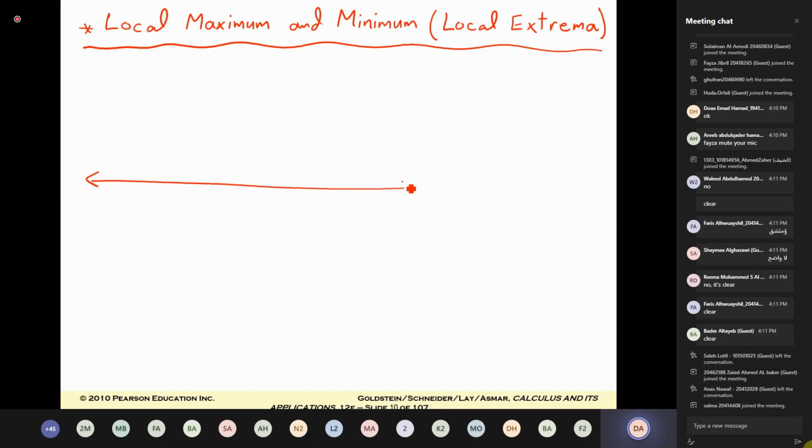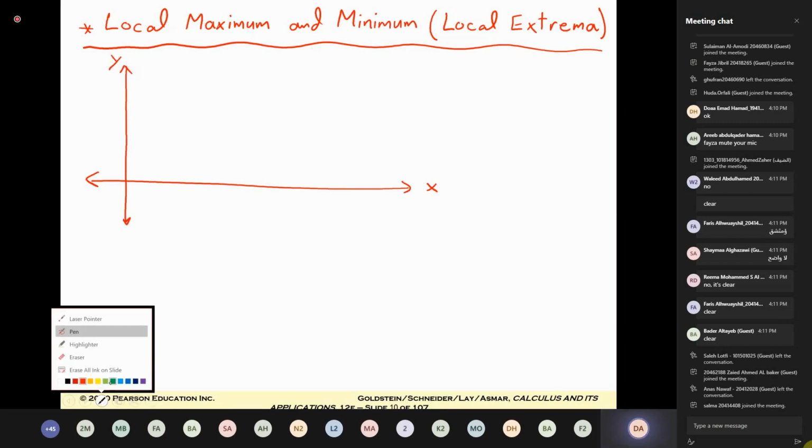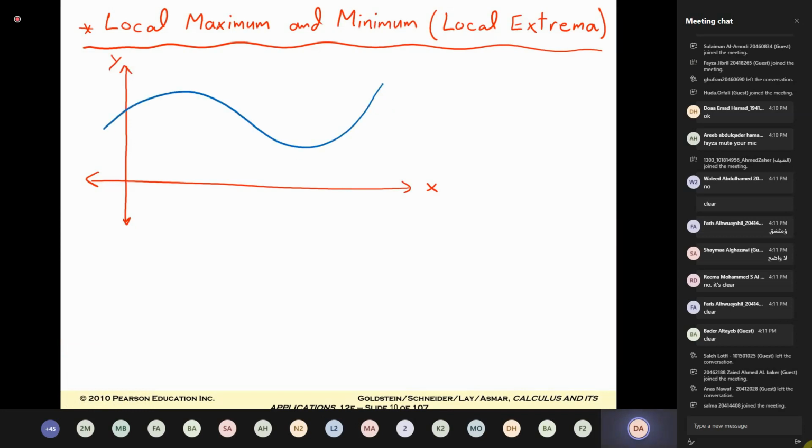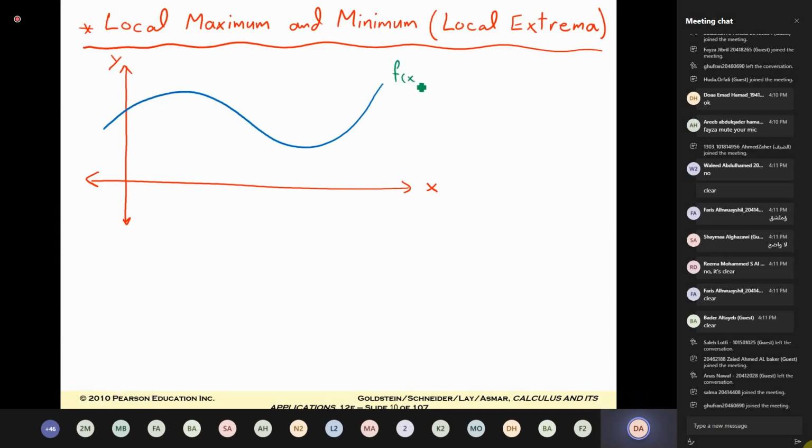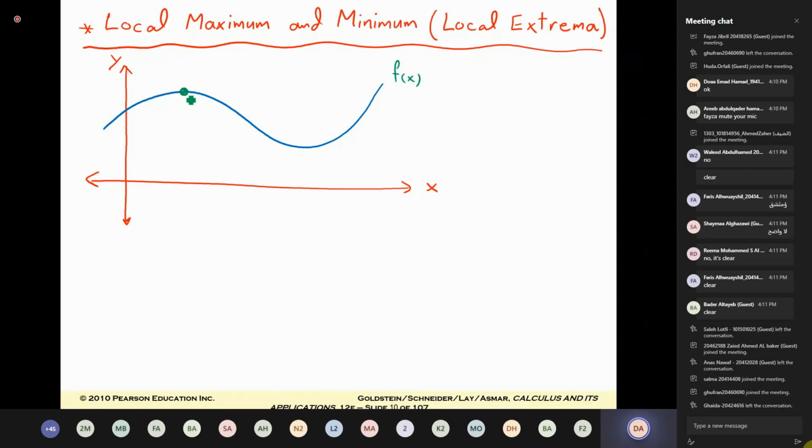Look at this graph, x and y. If we have a curve, for example, like this, this is f of x, and we have the first critical point and the second critical point.